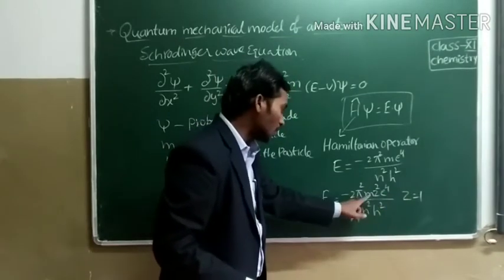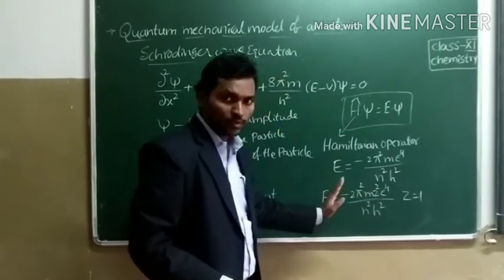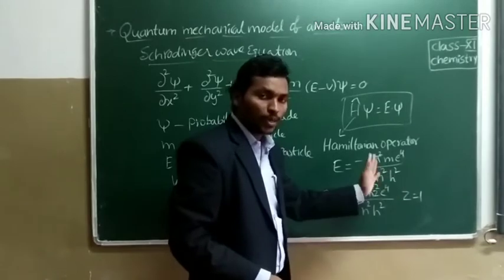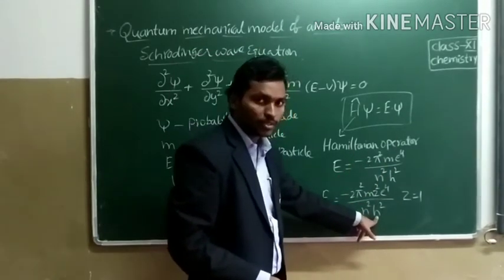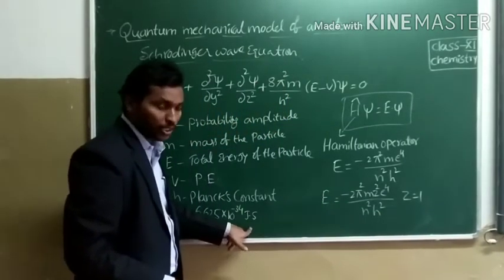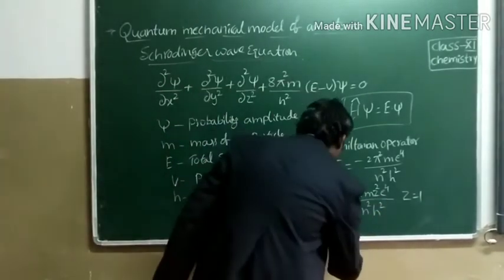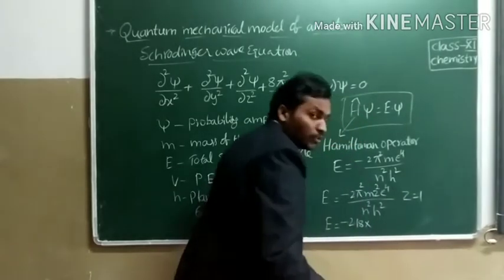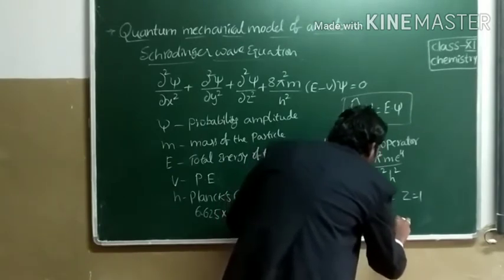When we substitute the values, mass of electron 9.1 × 10^-31 kilograms, charge of electron −1.6 × 10^-19 coulombs, and h, Planck's constant, 6.625 × 10^-34 joule second, the value would be −2.182 × 10^-18 joule per atom.